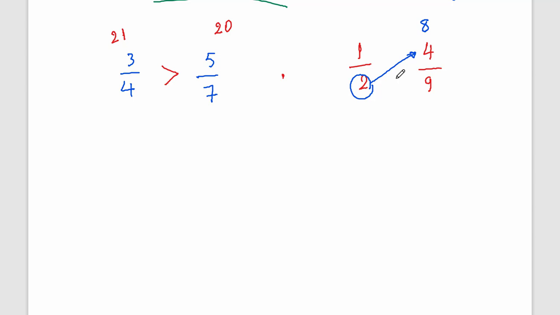And the same, take the 9 and multiply it by the 1. 9 multiplied by 1 equals 9. Compare the numbers that you get. We have 9 and 8. We know that 9 is greater than 8, so 1/2 is more than 4/9.